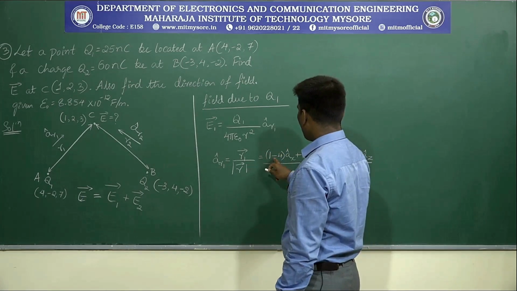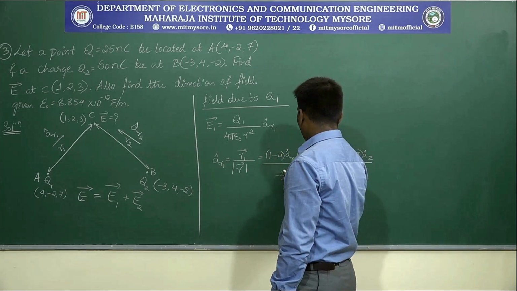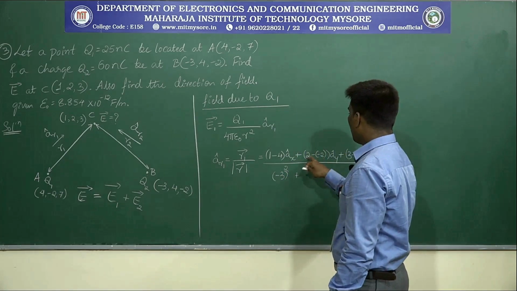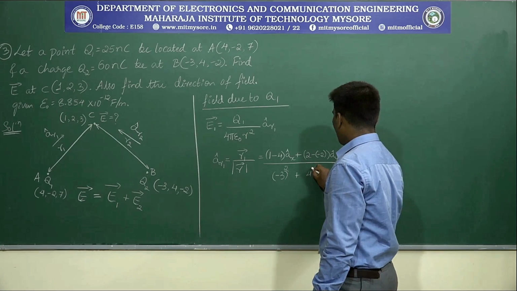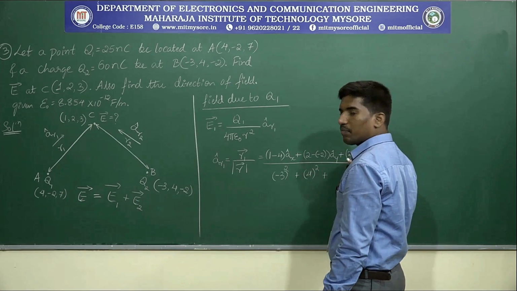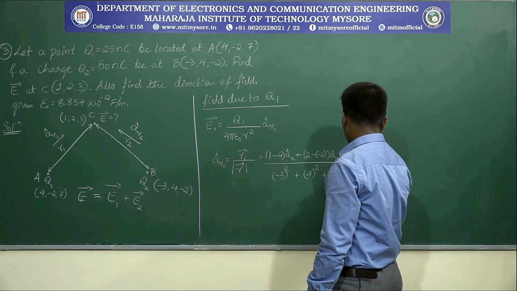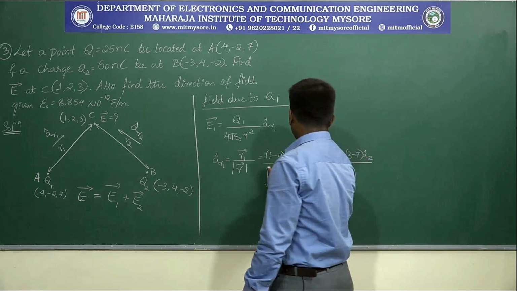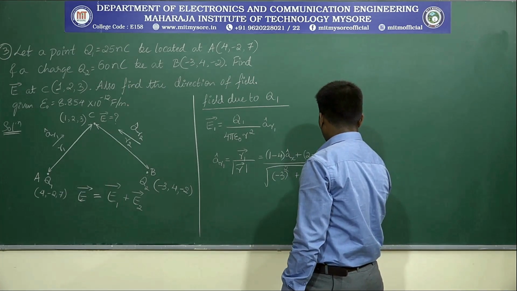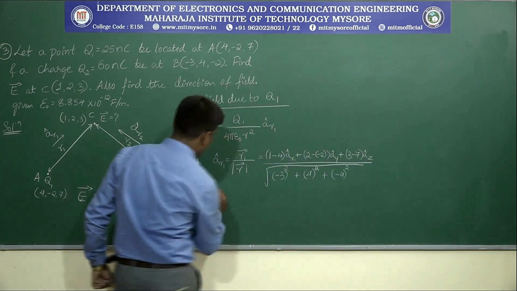What is the magnitude? This one, minus 3 square plus this one, 2 plus 2, 4 square plus 3 minus 7, minus 4 square, square root of all these things, right? So what is the answer we are going to get here?